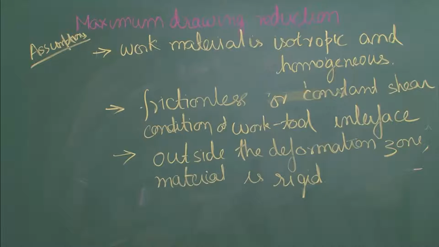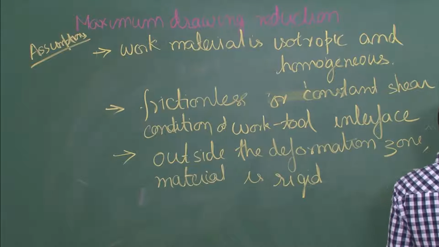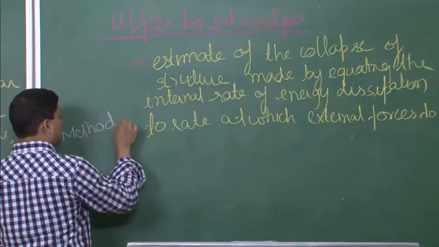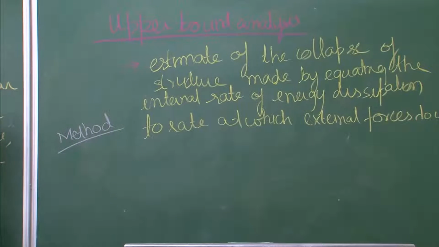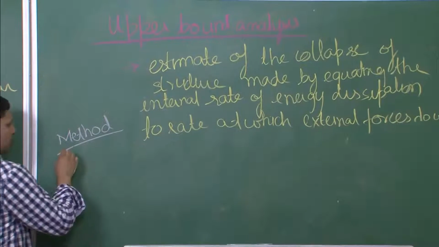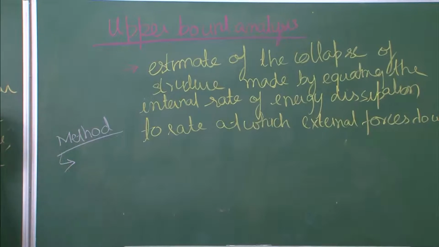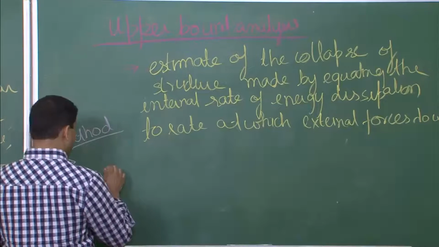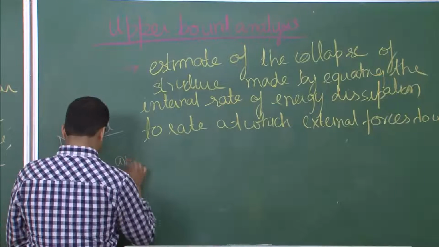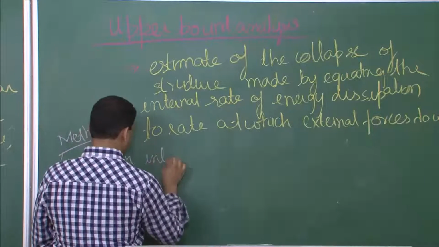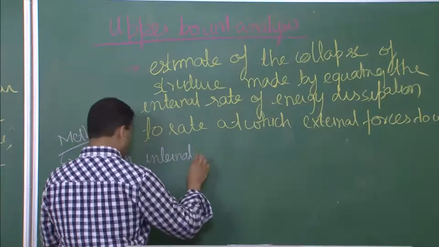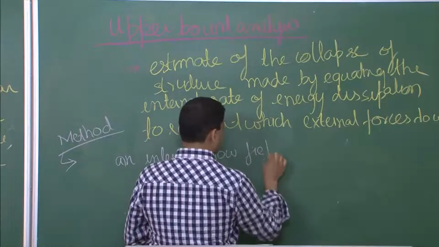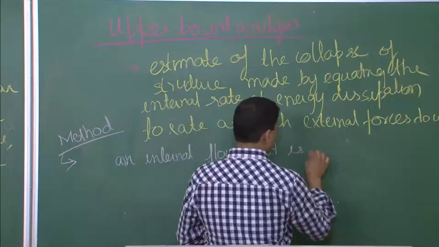Now, next is what is the method or steps. These will become very clear once we start solving some of the problems. The method involves that we have to have an internal flow field to be assumed.